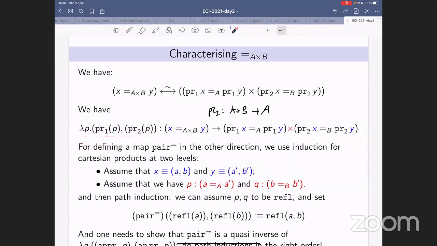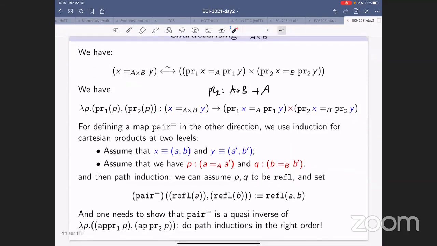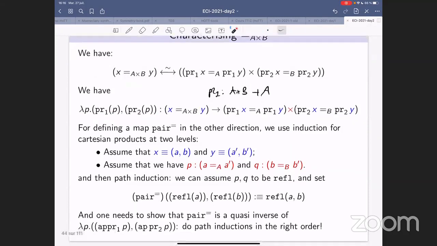In the other direction, I will need to be a bit more careful. It's a function from a product here to some type. And remember that we had an induction principle for products, which is simple, but it's still an induction principle.